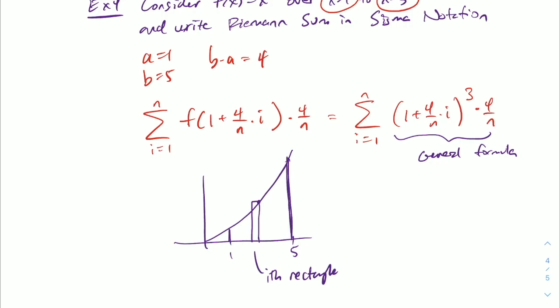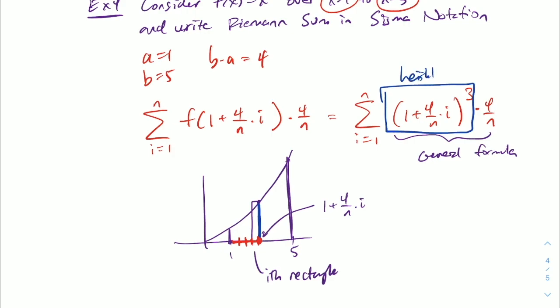Okay, so what's the location of this point here? Well, this point is 1 plus 4 over n times i. You start at 1 and you go over i subintervals till you get to this point right here. And then you take that point and you put it in the formula, so you get a height. That's what this is. This is the height.